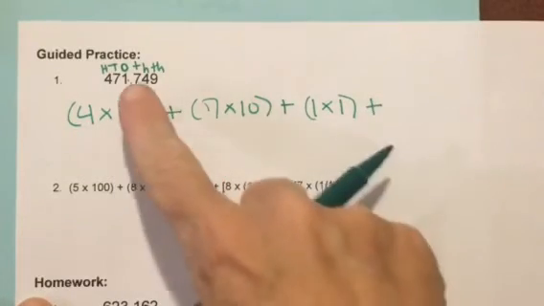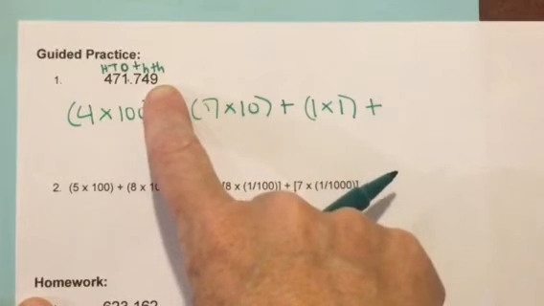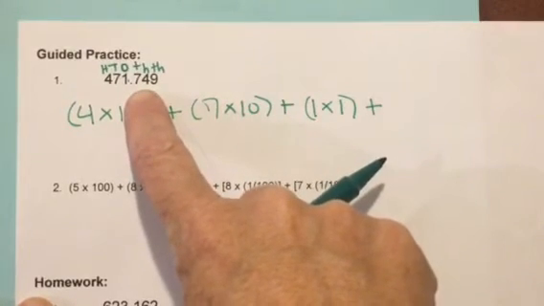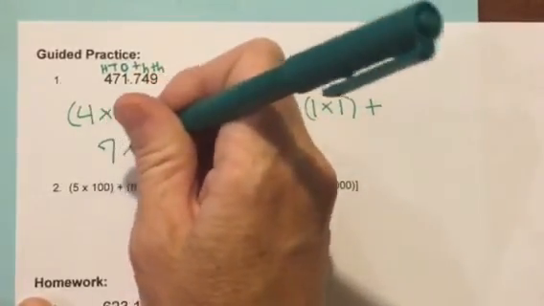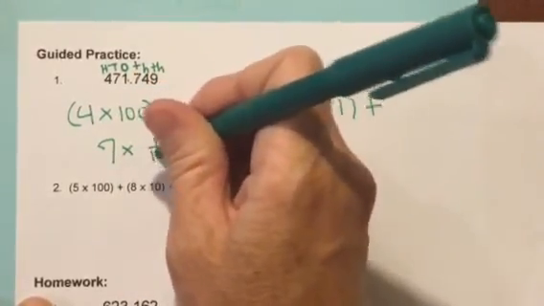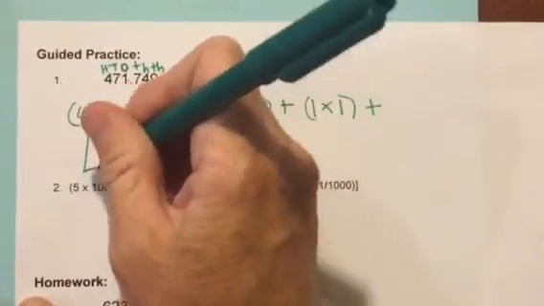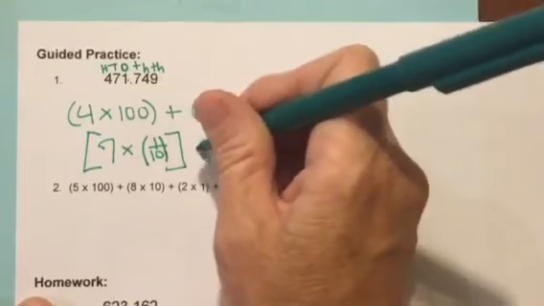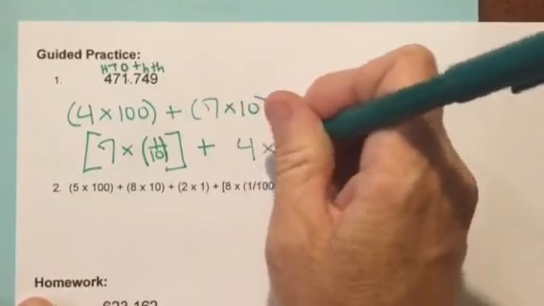Plus I have, oh, I'm going to the decimal side, not the dark side, the decimal side, which means I'm going to use brackets. So I have 7 tenths, and then I'm going to put those parentheses and then those brackets. Plus, I have 4 hundredths.